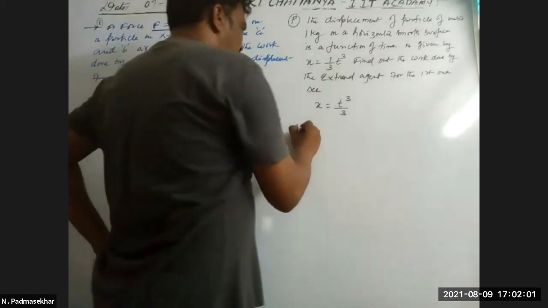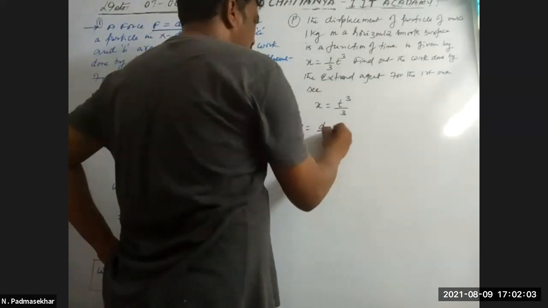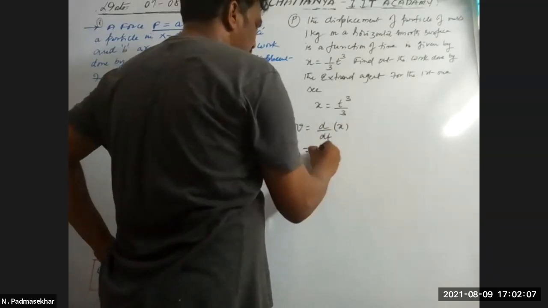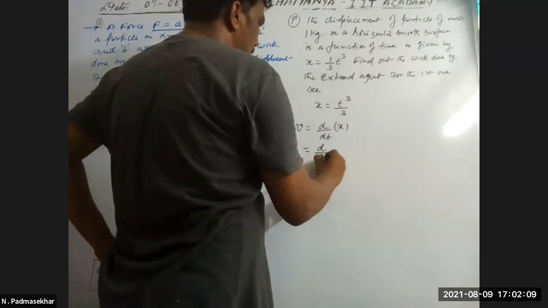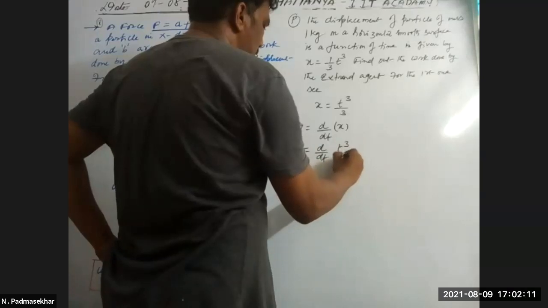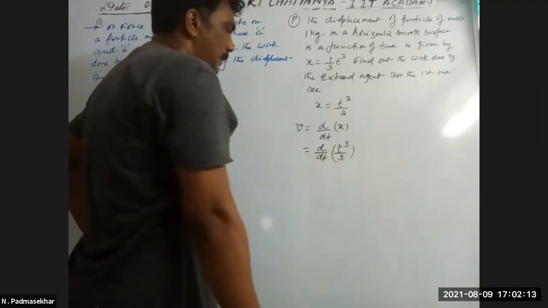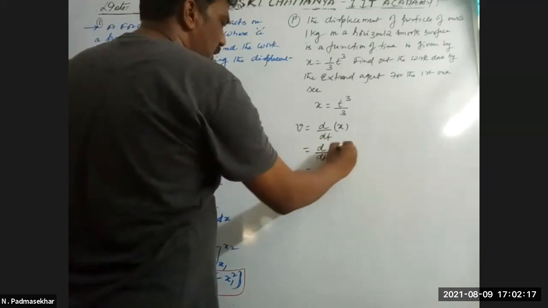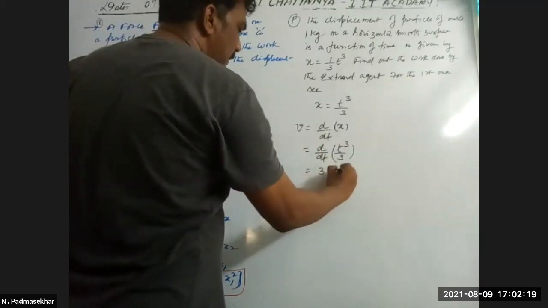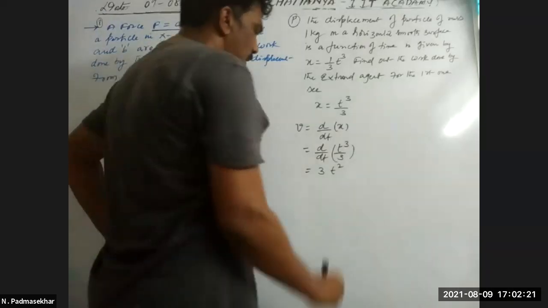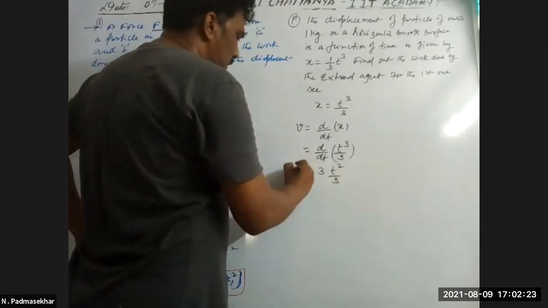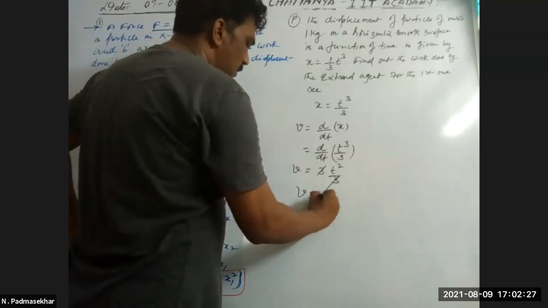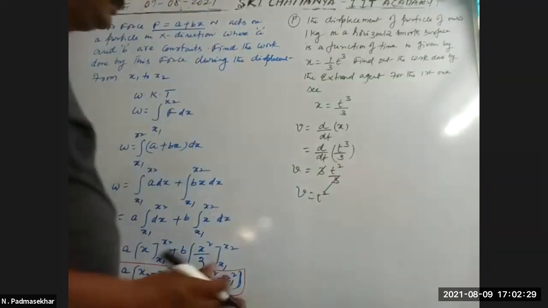From this displacement, you find the velocity, d by dt of x. d by dt of t cube by 3 means 3 into t square by 3. This is the velocity. So velocity is equal to t square.